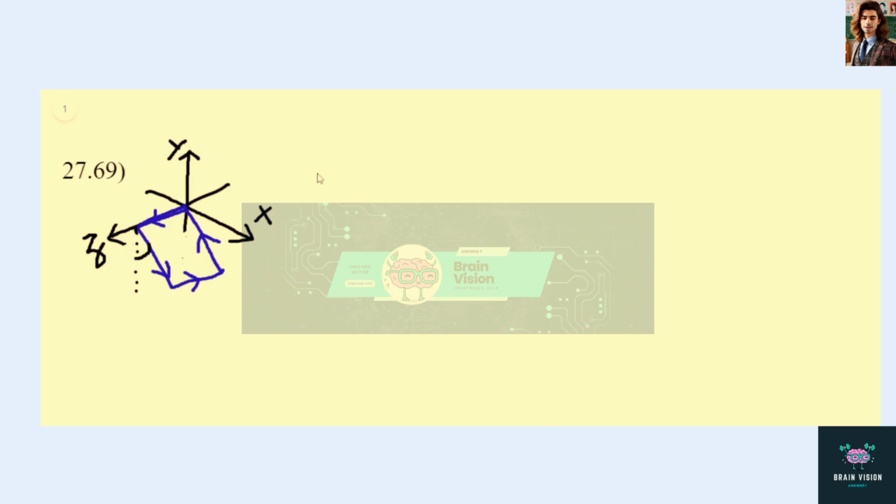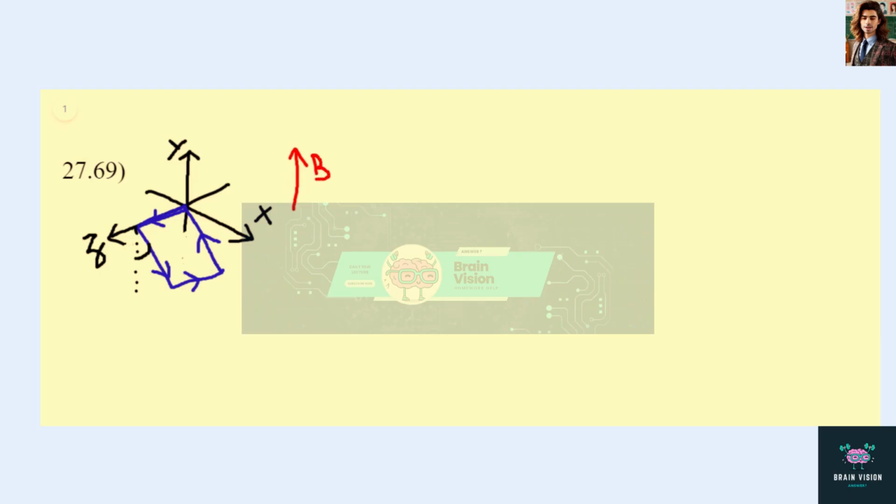And this exists in some external magnetic field that I'm just going to denote with a line. Let me use a different color. It's an external magnetic field that points along the y-axis, right?